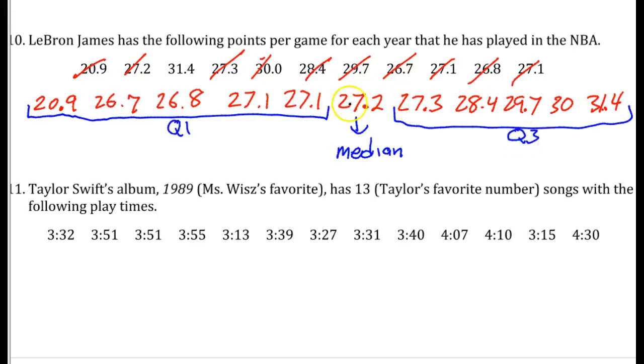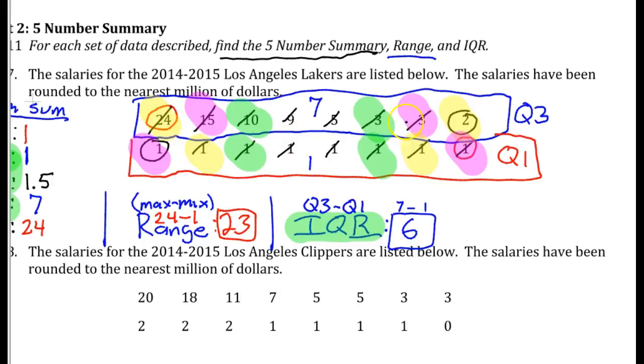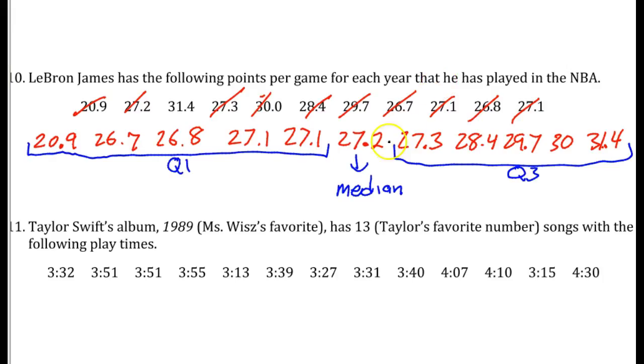You notice how I didn't use 27.2 in finding Q1 and Q3. So there's a difference when there's an even number of data points. Like in the previous one, there's an even number, so the median was 1.5. It wasn't even included in one of these groups. When the median is actually included because there's an odd number of data points, you can find the Q1 and the Q3 pretty quickly.